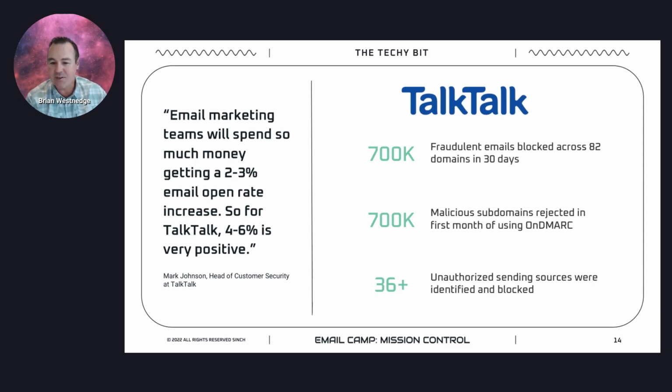So that was all good. They stopped shadow IT, unauthorized services that were sending on behalf of their domain. And then they said, hey, we've done all this work to implement DMARC, let's implement BIMI and see what that does for us. So they saw basically a 4 to 6% increase in email engagement, which for them was really impactful.